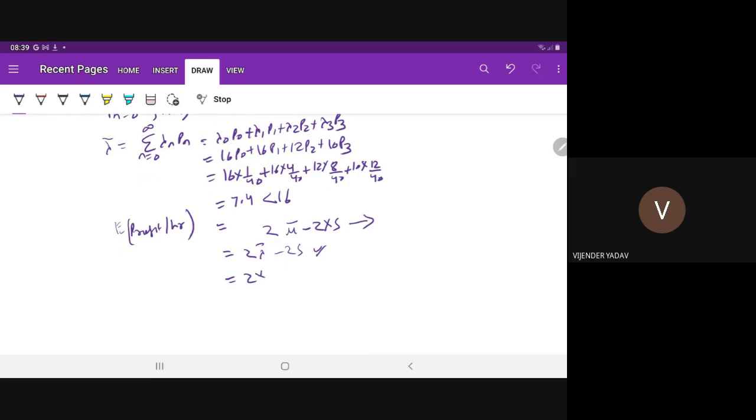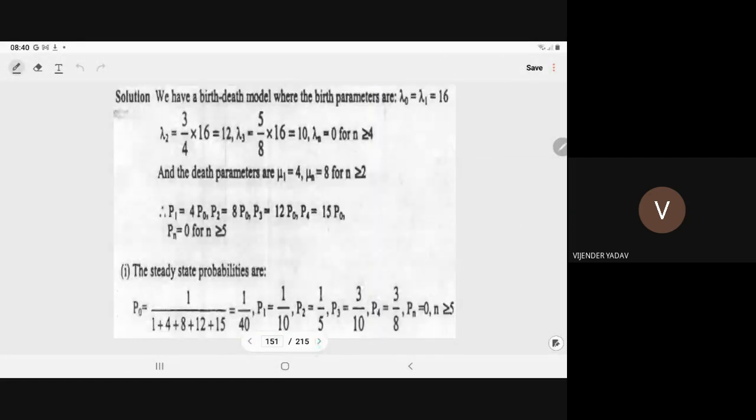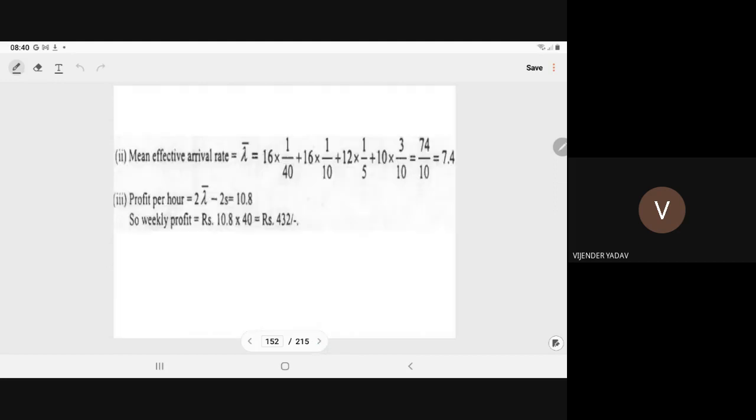So it is 2 into 7.4 minus 2 into 2 servers. And if you have to compute the expected profit per week, this into 40, because it is given that in a week you have to work for 40 hours. So that will come 432 rupees.